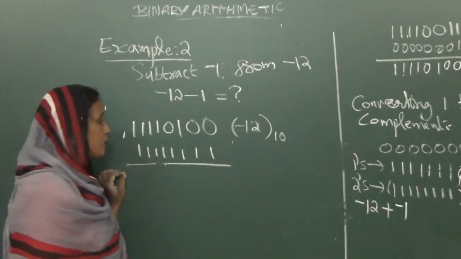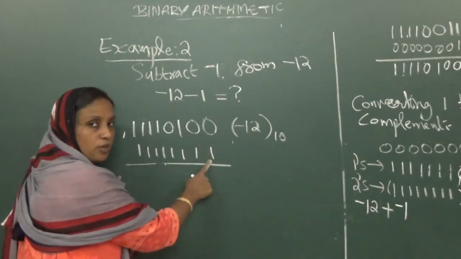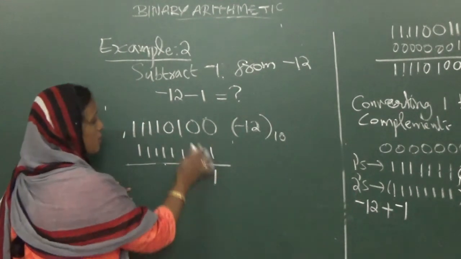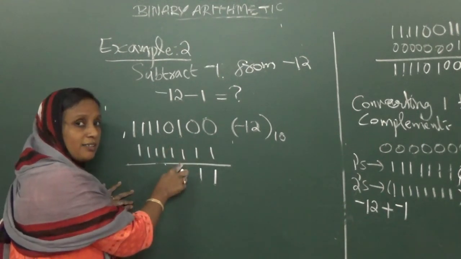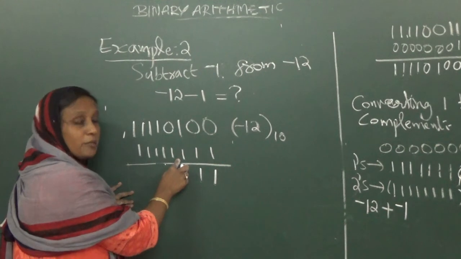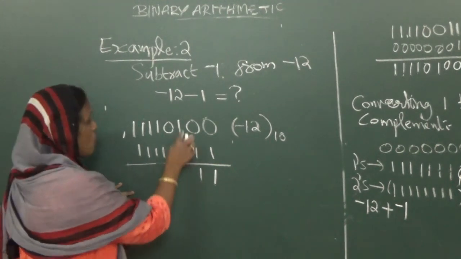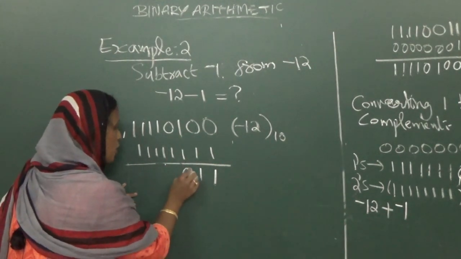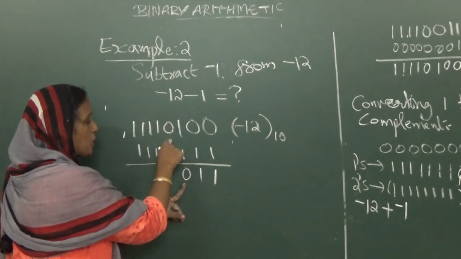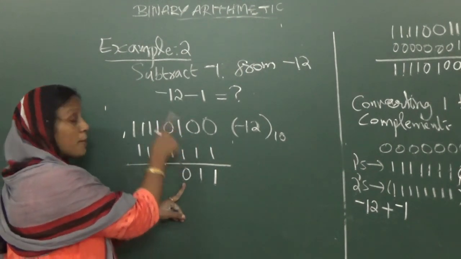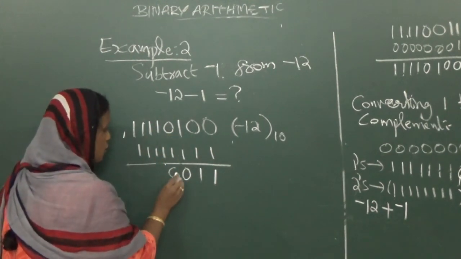Using the binary addition rule, 0 plus 1, 1. 0 plus 1, 1. What about 1 plus 1? 1 plus 1 is 2. In binary it is 1 0. So 1 plus 1 is 0 with carry 1. Next come here. 0 plus 1, 1. 1 plus carry 1, 0.